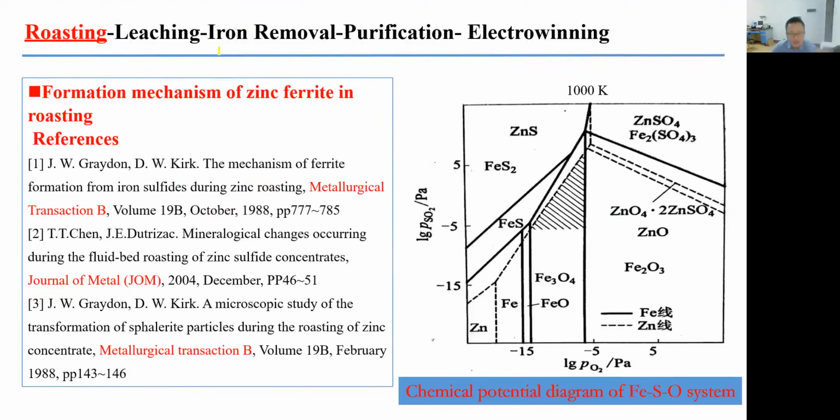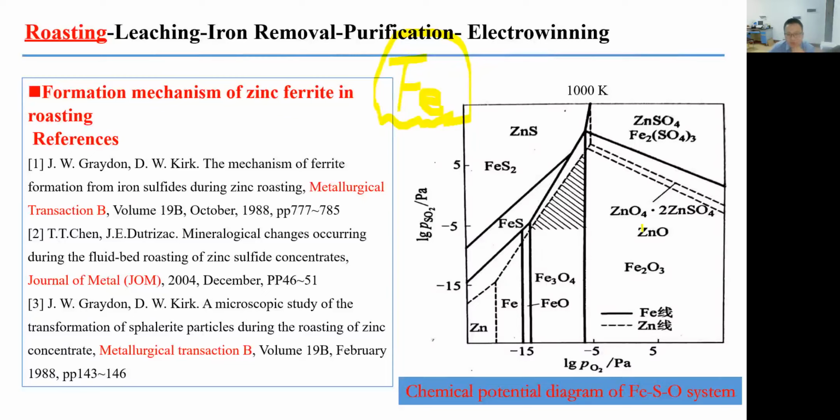Besides lead, silicon, and copper as impurity elements, one of the most important elements will be iron in zinc production, or in all non-ferrous metal production. So the reaction behavior of iron is an important topic for us.